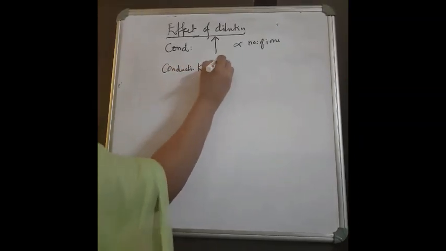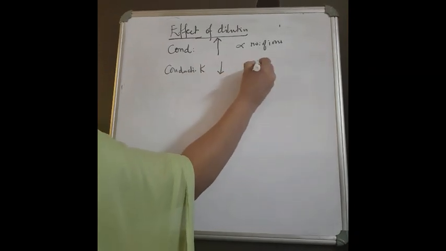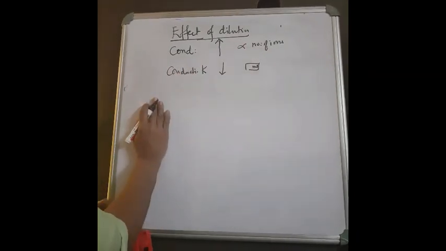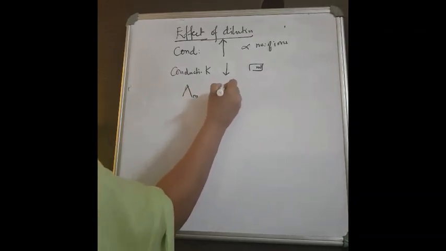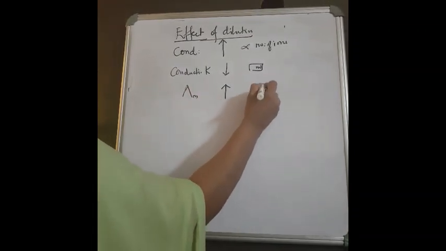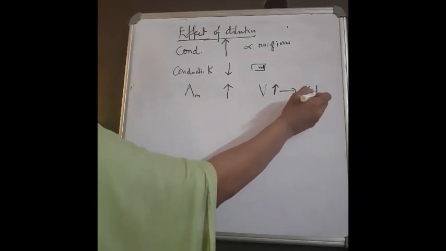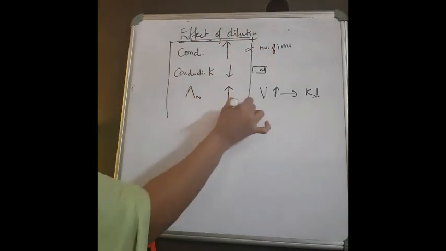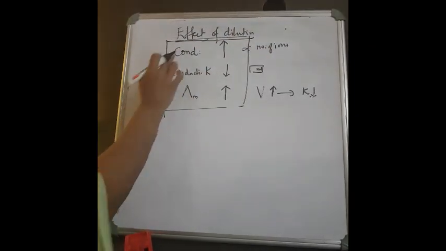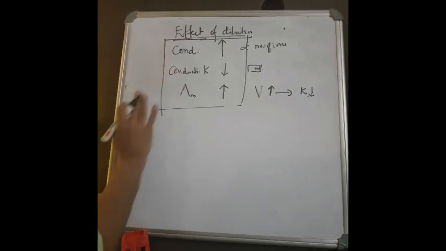Conductivity kappa decreases, that is, the number of ions per ml decreases. Now what about molar conductivity? Molar conductivity increases. Why? Because the volume increase has more effect than the decrease in the conductivity. So these are the three cases of the effect of dilution on conductance, conductivity and molar conductivity.